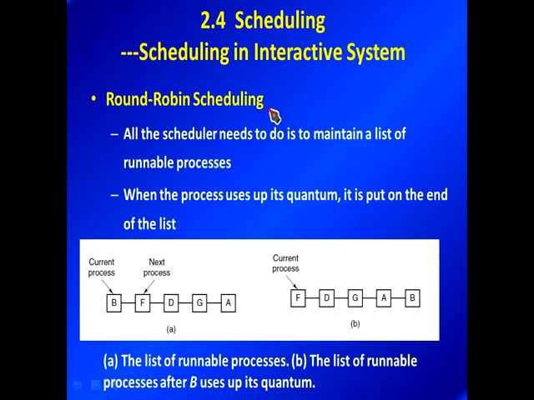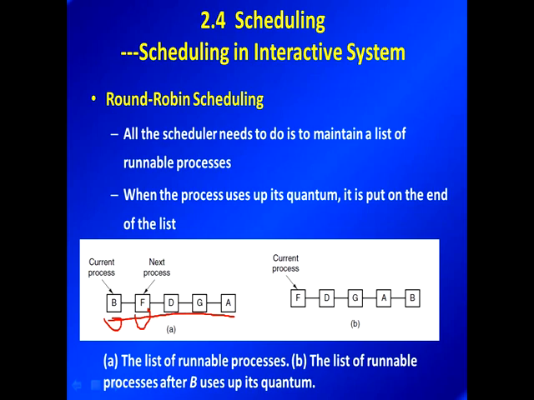You can see the basic idea from these figures more clearly. In figure A, it's the list of runnable processes. It means the queue of the processes which are waiting for the CPU. In this list, we suppose process B is the current process, and then F should be the next process which gets the CPU.